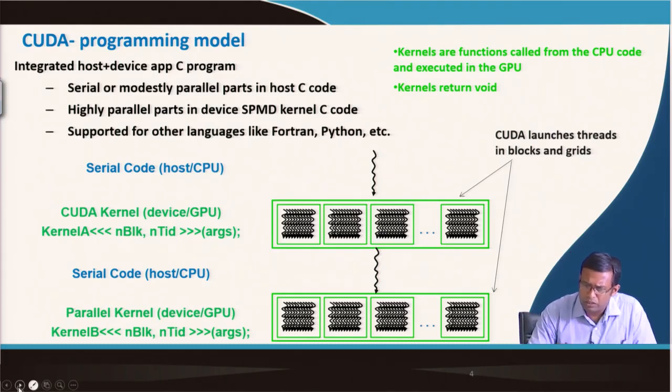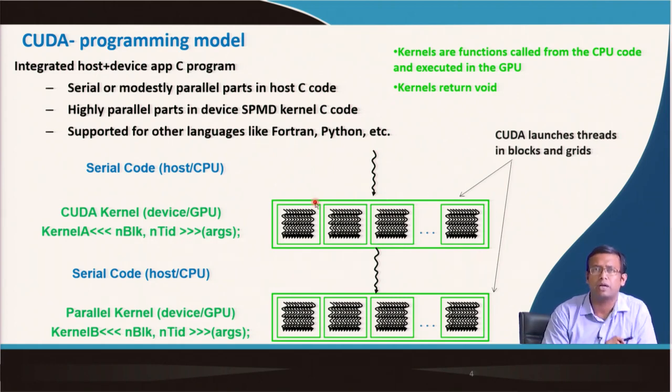And then CUDA launches threads in blocks and grids. The entire set of threads launched by a CUDA kernel is called a grid. Inside the grid there are multiple blocks, and inside each block there are a number of threads. Why is this so? There is definitely a reason behind that.